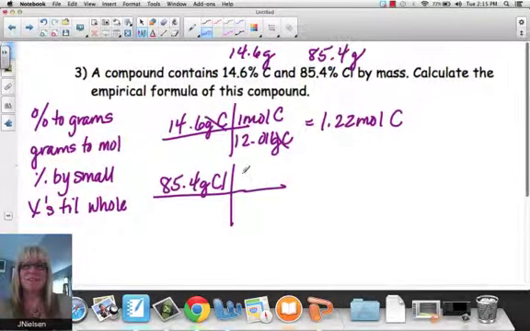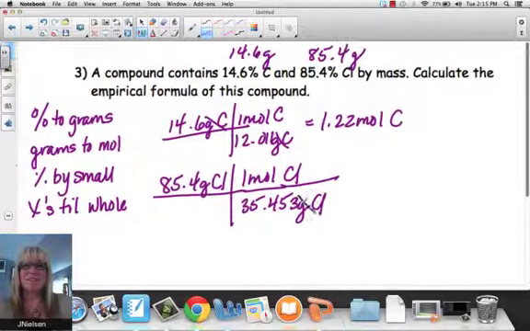And then I've got 85.4 grams of chlorine. And I know that 1 mole of chlorine has a mass of 35.453 grams of chlorine. I'm getting this from the periodic table. Grams cancel, and I get 2.41 moles of chlorine. So I've done percent to grams, I've done grams to moles. Now I've got to divide by small.